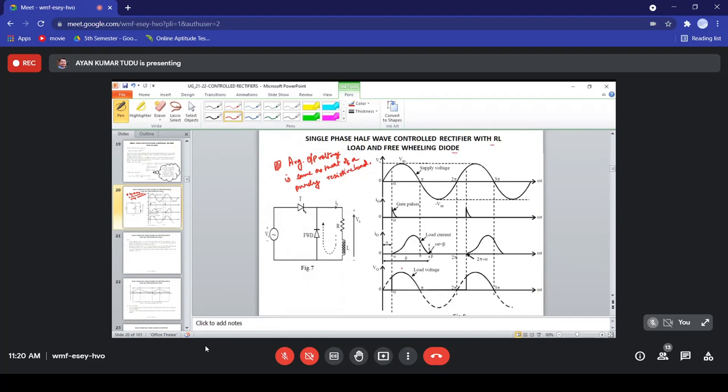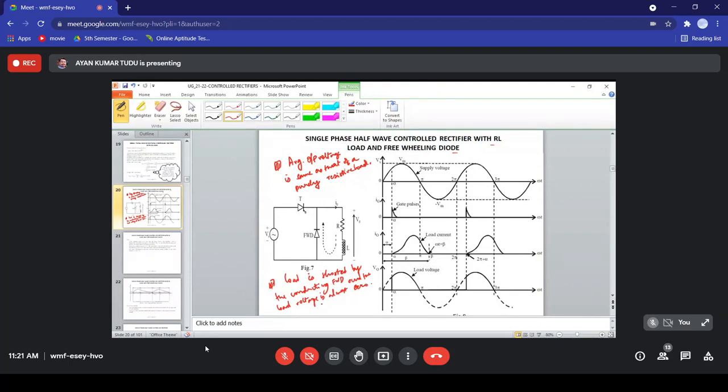Why? Because of the presence of the freewheeling diode, what is happening? আমি আবার লিখে দিচ্ছি, the load voltage, or you can say the load, is shorted by the conducting freewheeling diode, and the load voltage is almost zero if we are neglecting the forward voltage drop across the conducting freewheeling diode.